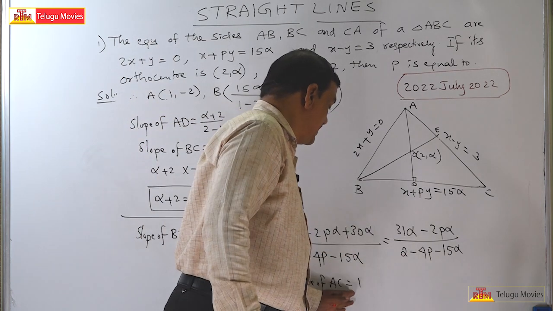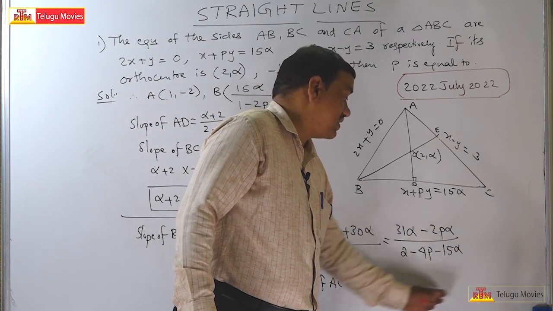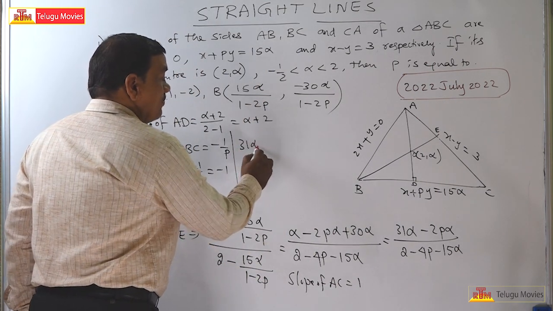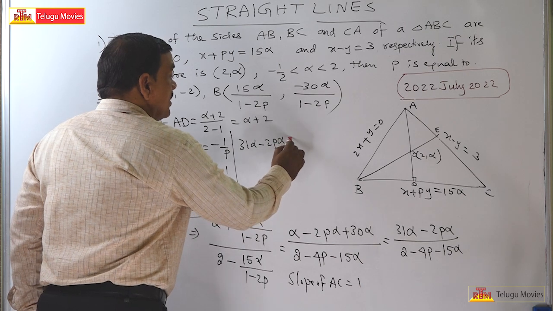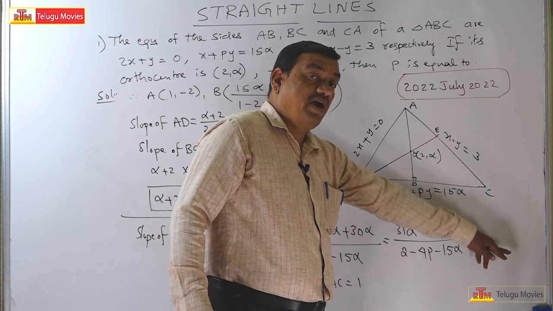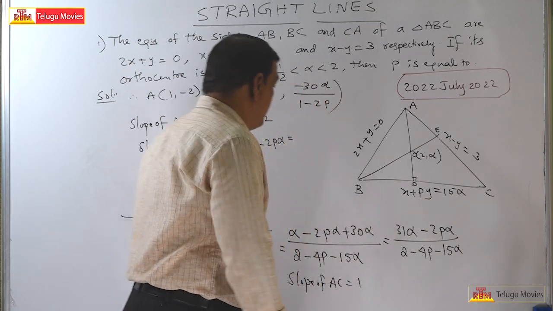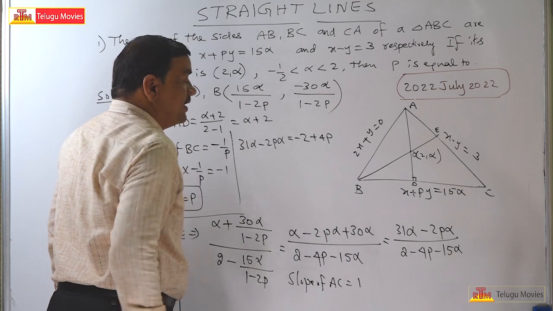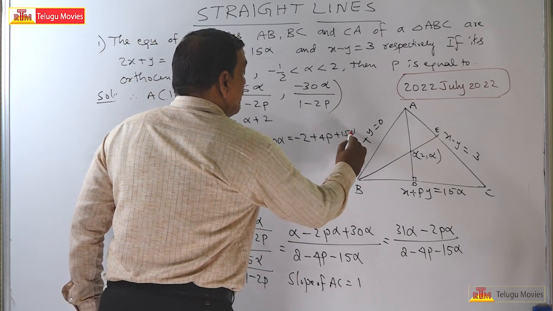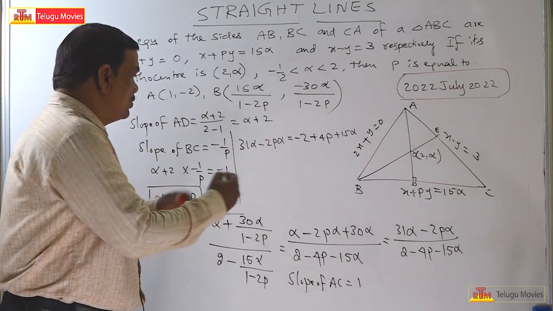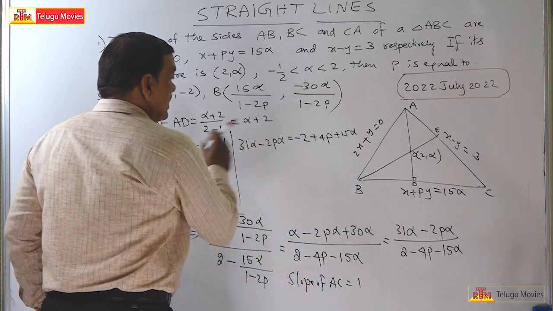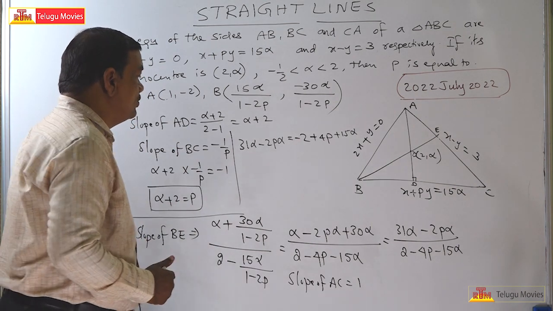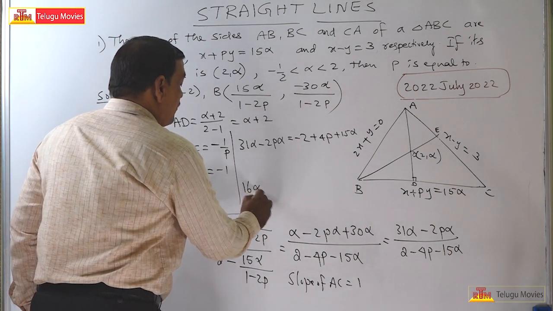If you take the cross multiplication, you will get 31 alpha minus 2p alpha is equal to minus 2 plus 4p plus 15 alpha. So bring all to one side: 31 alpha and 15 alpha, so this is 16 alpha.